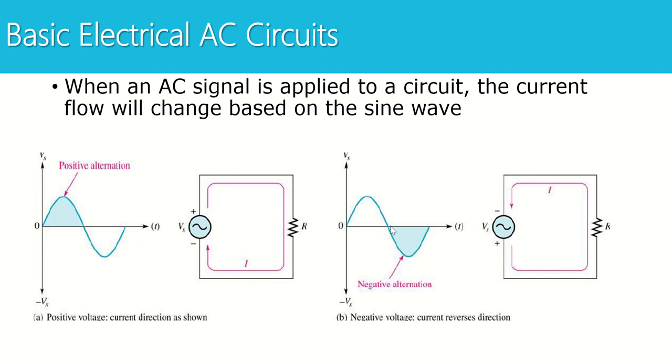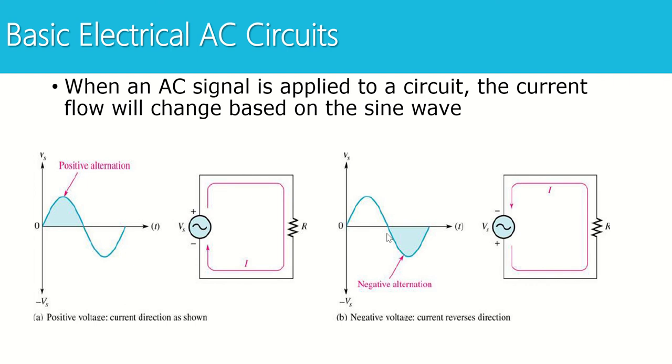When we get to the negative part of the sine peak, the current changes direction, and now it flows the other way. So as the current direction changes, the polarity of this resistor also will reverse, and that leads to some different characteristics that we don't see in a DC circuit. So as the voltage changes, as long as it's positive, it's going this way, and the voltage will increase, then decrease, become 0, and then become negative.